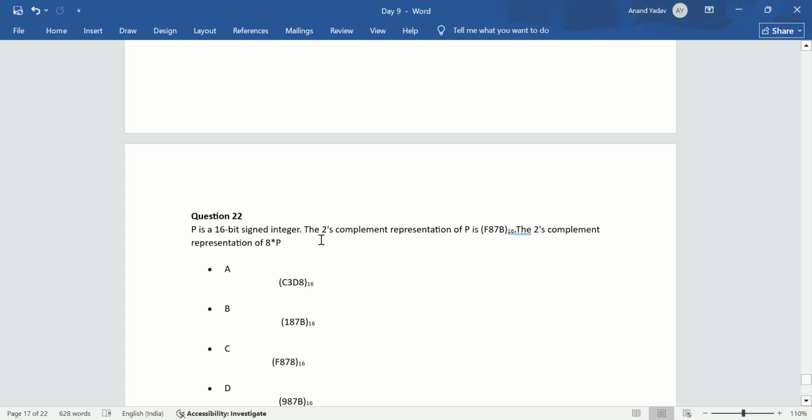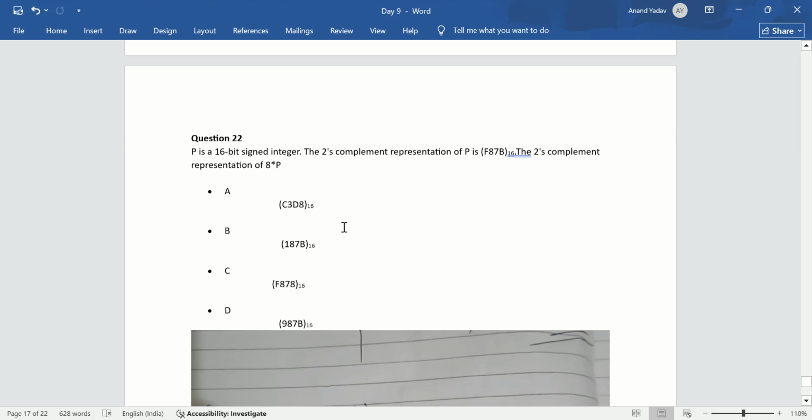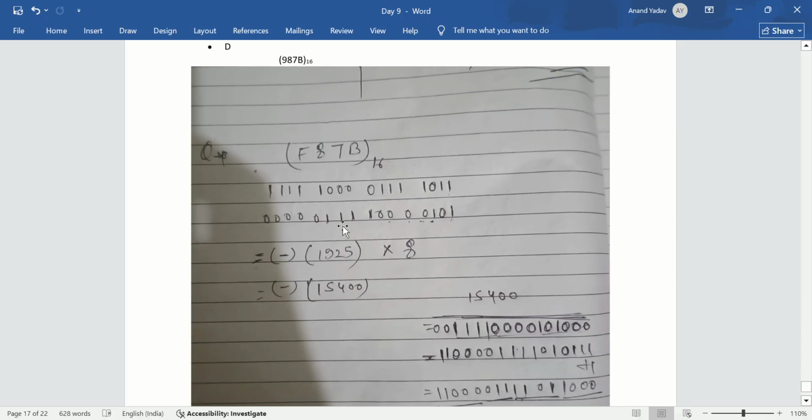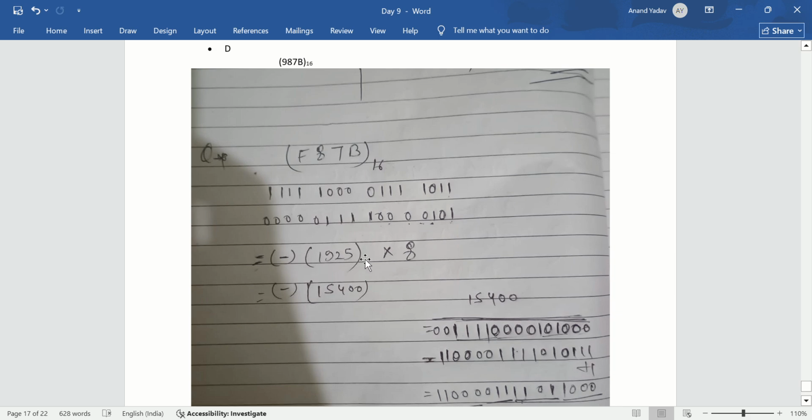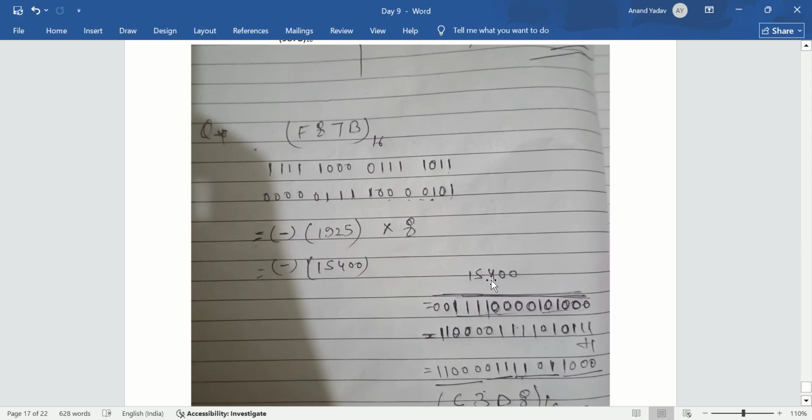P is a 16-bit signed integer. The 2's complement representation of P is this. The 2's complement representation of 8 cross P is. So for this one, I will use this method. First I will convert to binary number, and then I will get its value in decimal, and then multiply by 8. I will get minus 1540.